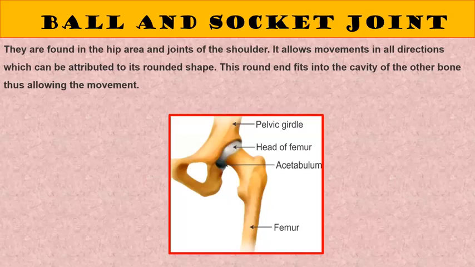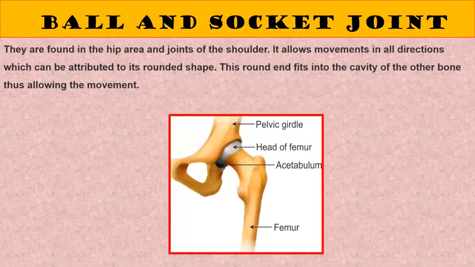It allows movement in all directions, which can be attributed to its rounded shape. This round end fits into the cavity of the other bone, thus allowing the movement. In the ball and socket joint, one end of the bone has a round shape like a ball, which fits into a socket in the other bone.